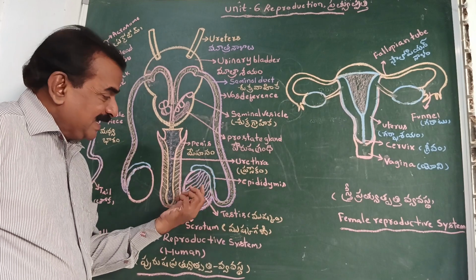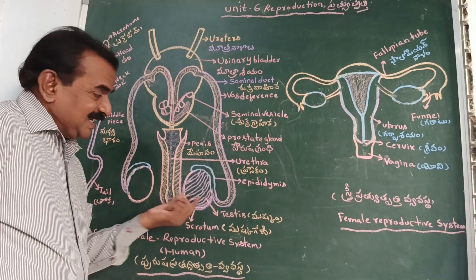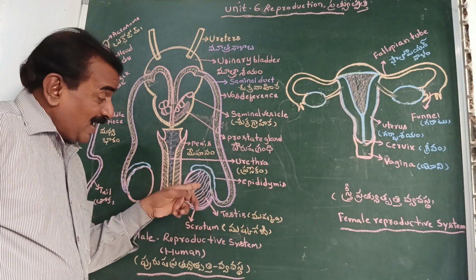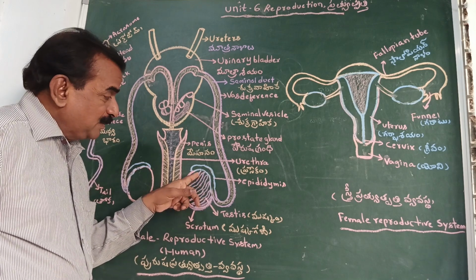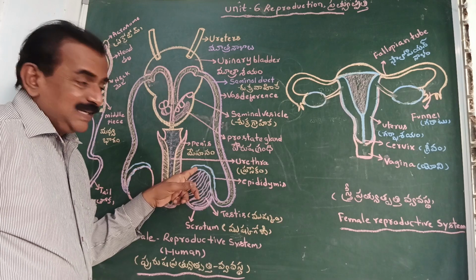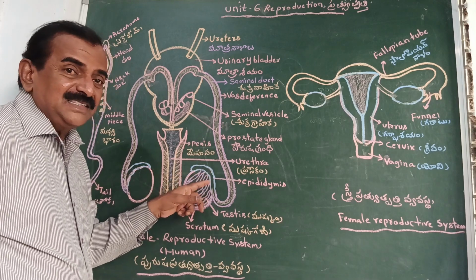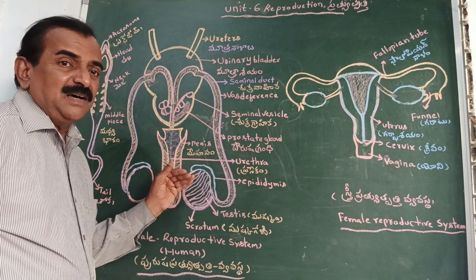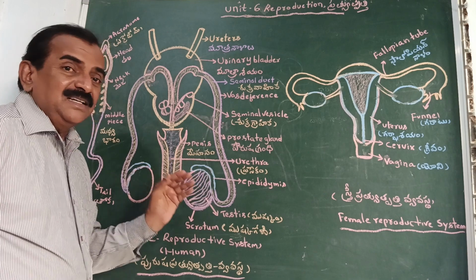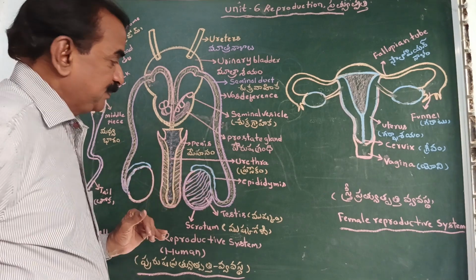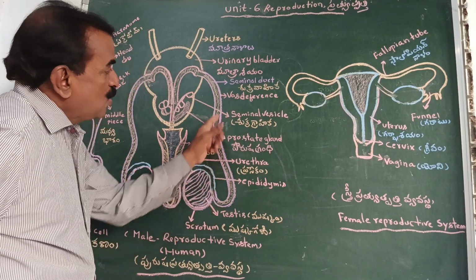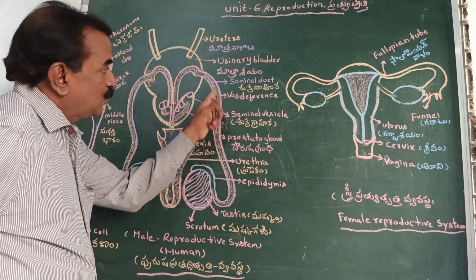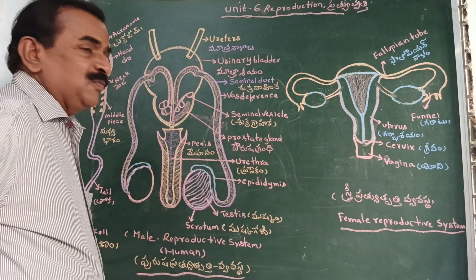So we discussed a pair of testes, the vasa efferentia, which open into the epididymis, which is present in the posterior part of the testis and is useful to store sperm. From the epididymis arises a long tube-like structure called the vas deferens.